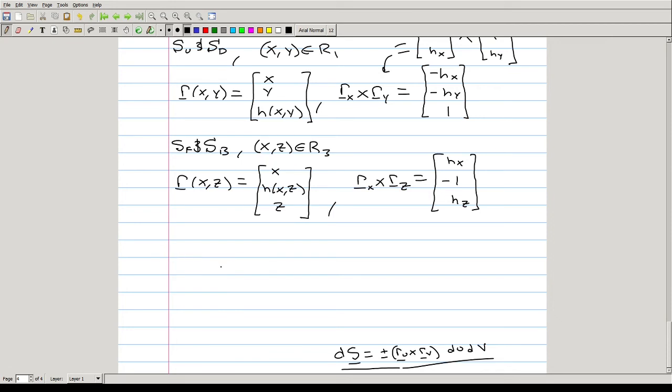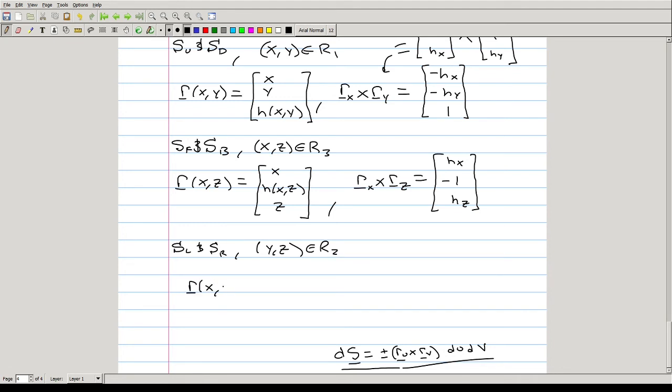And then lastly, we have SL and SR, which is parameterized for all points y comma z in R2.